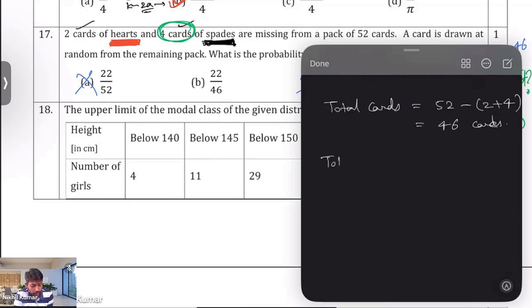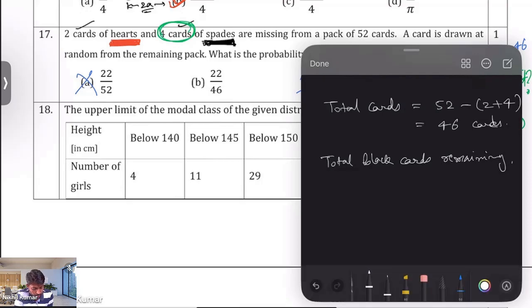Black cards remaining. How many black cards are remaining? Originally there were 26 black cards, and from there we lost 4 black cards, as we can see here.